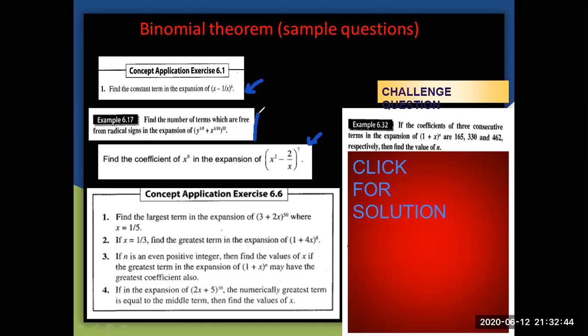The only catch in this question is that the coefficient has to cancel out. So we could try 6.17.